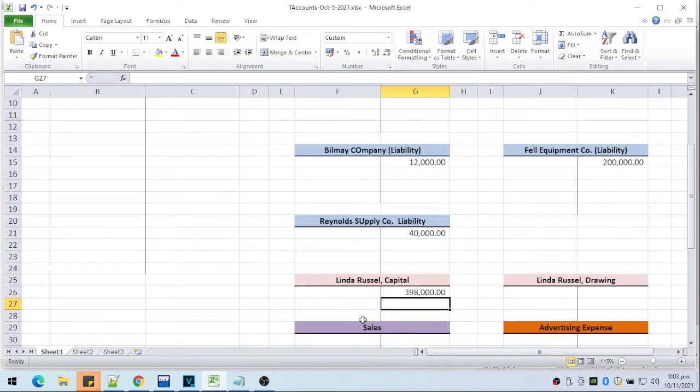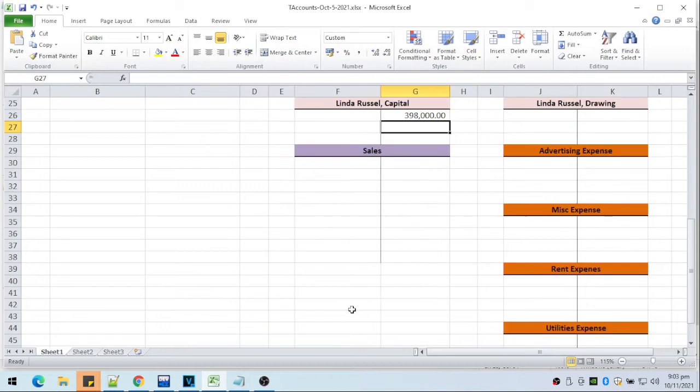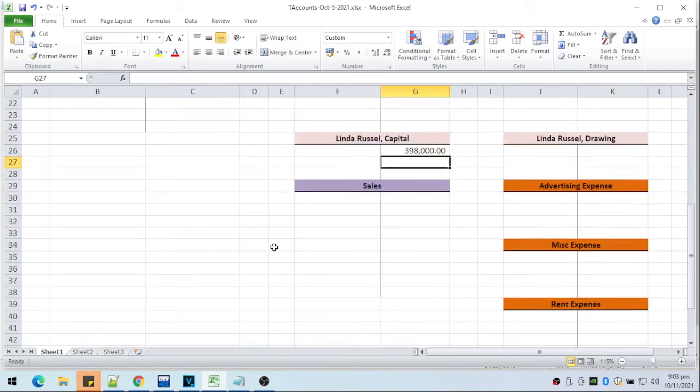The other accounts usually start with zero or blank at the start of an accounting cycle, so you notice they have no values yet.